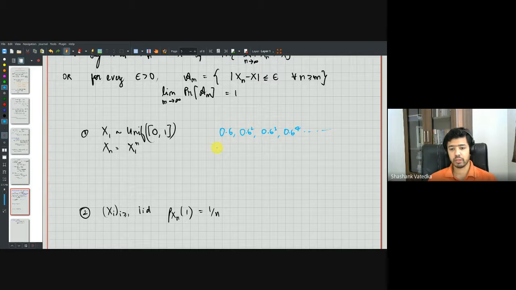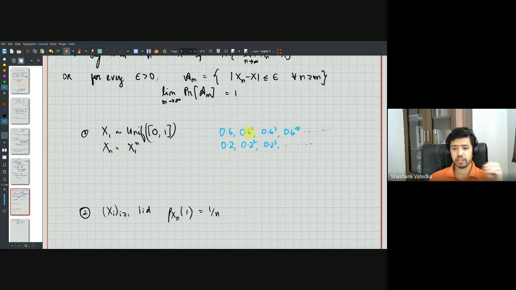Think of X1 as the output of a random number generator. If X1 were equal to, let's say, 0.2, then the sequence would be 0.2, 0.2 squared, 0.2 cubed, and so on.